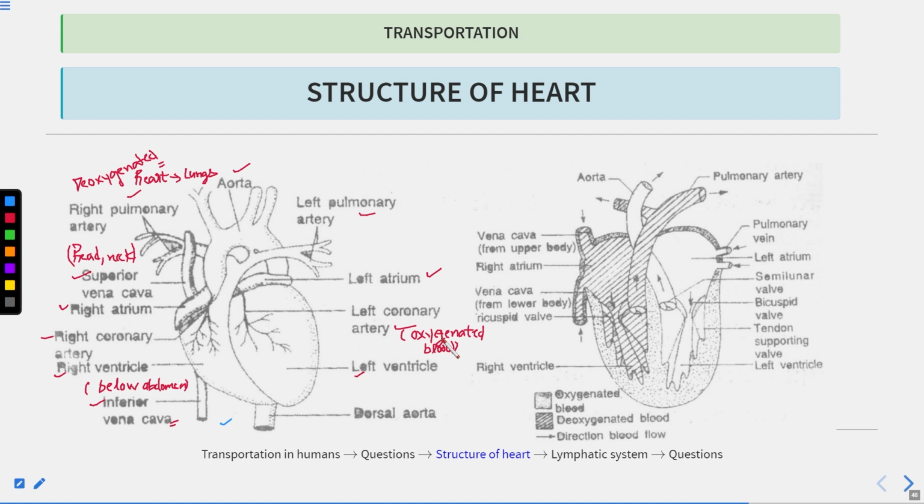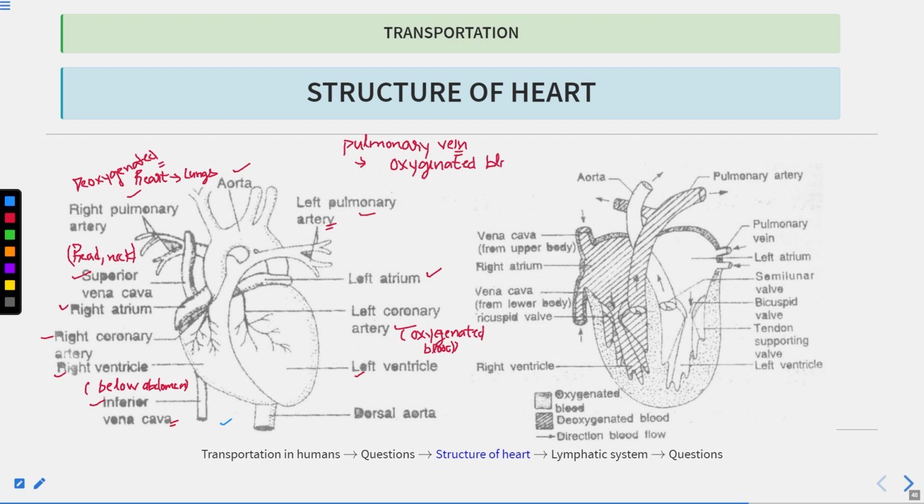Apart from the pulmonary artery, we have the pulmonary vein also. I think they haven't shown the pulmonary vein here, but it is very important. Veins usually carry the deoxygenated blood, but the pulmonary vein carries oxygenated blood.